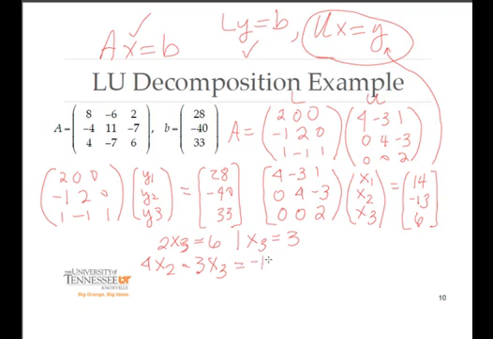But now we know what x3 is, so what we can do is then go ahead and solve for x2. x2 will then be equal to quantity negative 13 plus 9, divided by the 4.